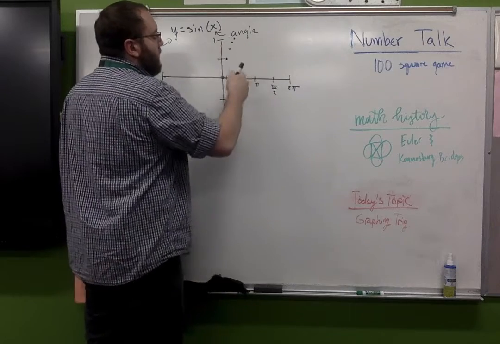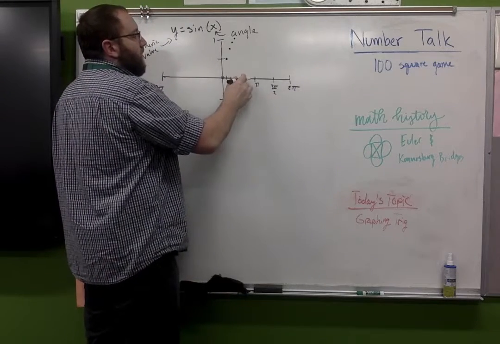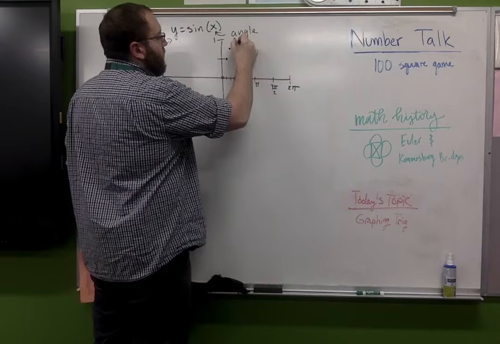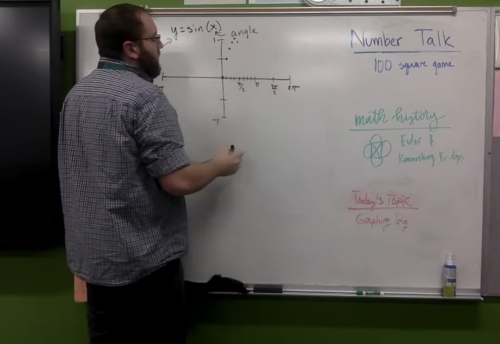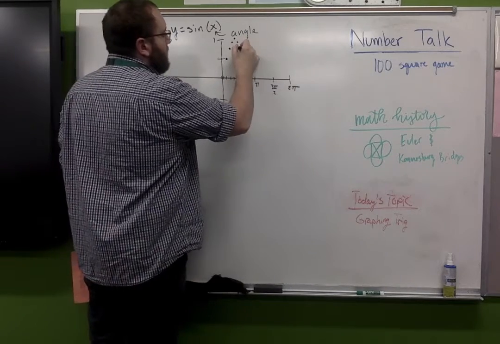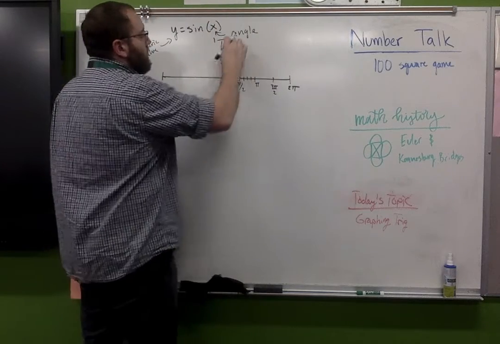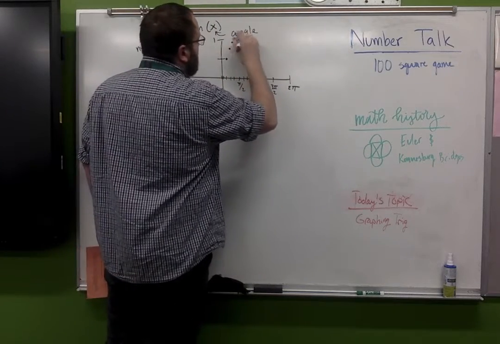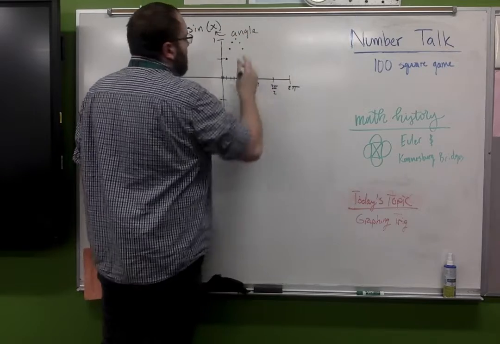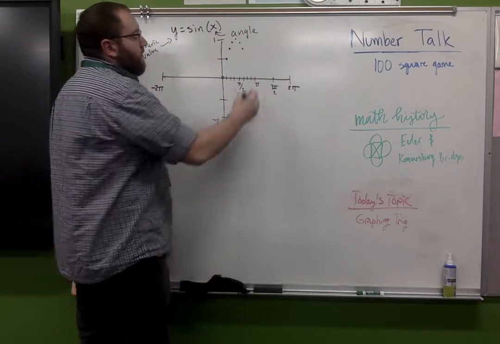And then we're coming back down, right? Sine of 2 pi over 3, square root of 3 over 2. Sine of 3 pi over 4, square root of 2 over 2. This should be over a little bit. Sine of 5 pi over 6 is 1/2.